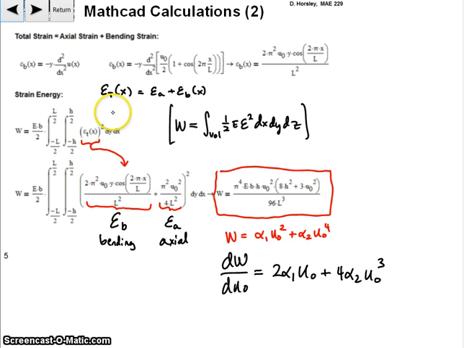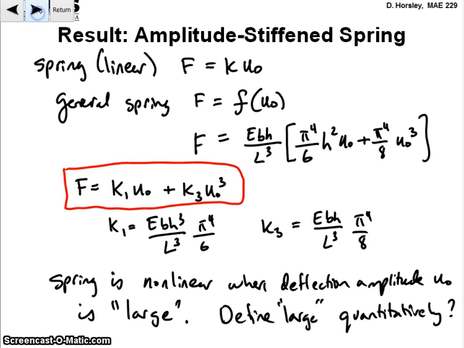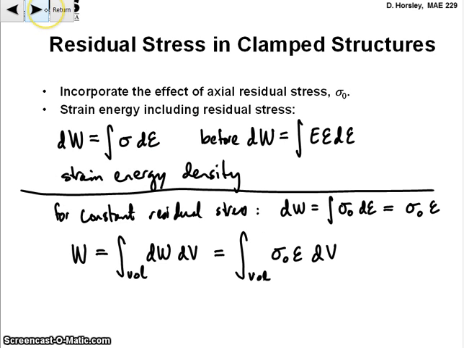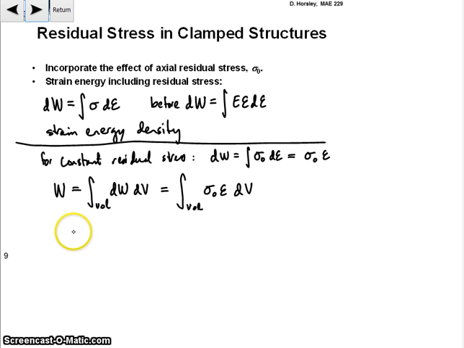Well, the total stress is equal to the axial stress plus the bending stress. But when we integrate over the volume, if we want to calculate the product, sigma naught is some constant. Let's say it's tensile stress in the beam. So if we look at the bending stress, if you remember, as we cut the beam like this, so this is over the height, bending stress looks like this.